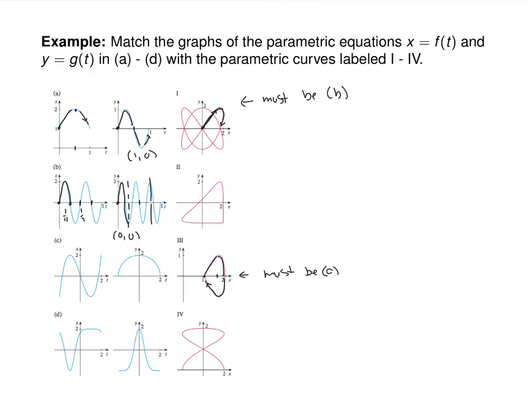So x is 0, that's going to correspond to this point. And now from here to here, the x's are negative. They go to -2, while the y's increase up to +2. And then eventually the x's are going to go back to 0, so that's this part of the curve.